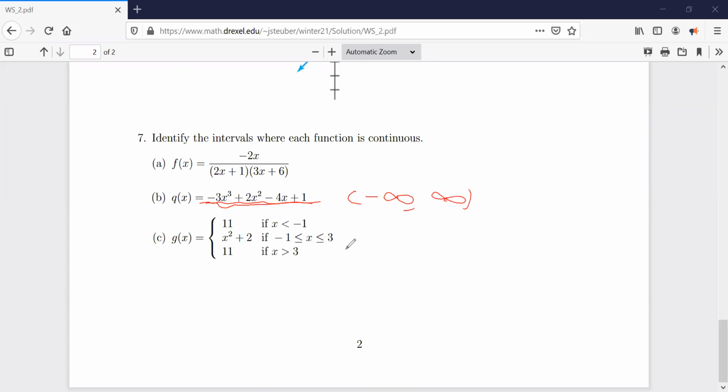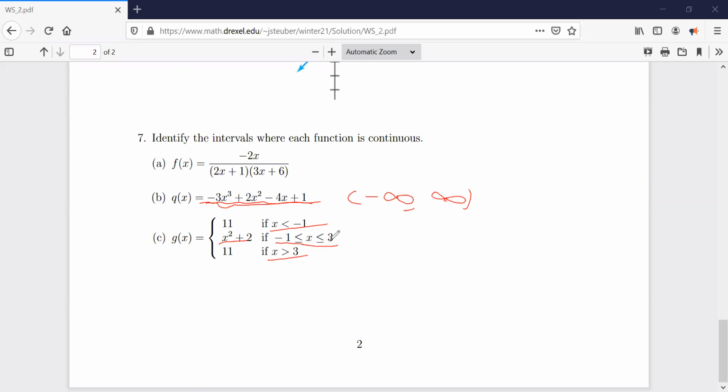And then this guy, 11 is obviously going to be continuous everywhere that's defined. So that means that it's going to be continuous in this range and in this range. This guy right here is a polynomial, so it's going to be continuous within this range, or on the insides of this range.